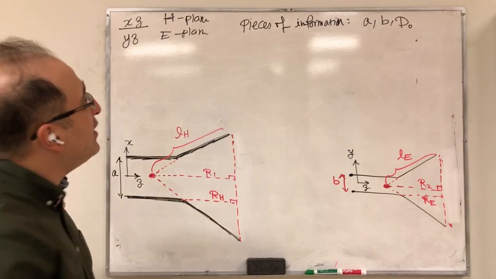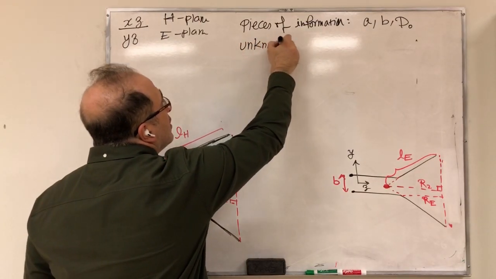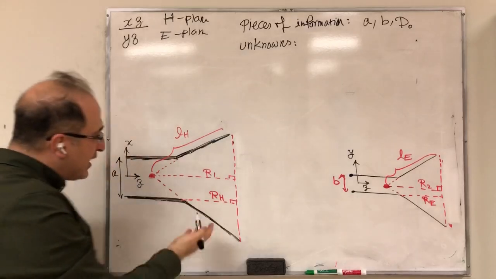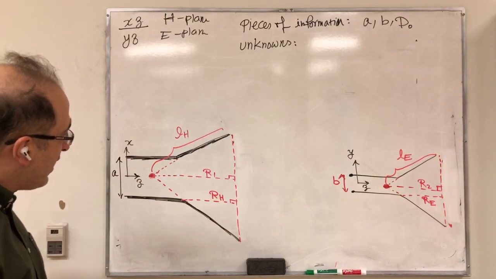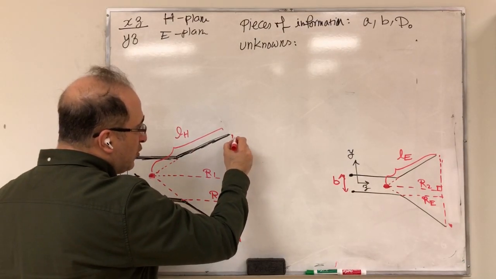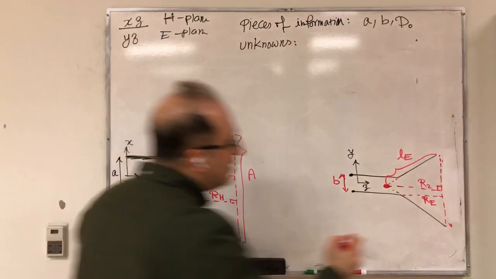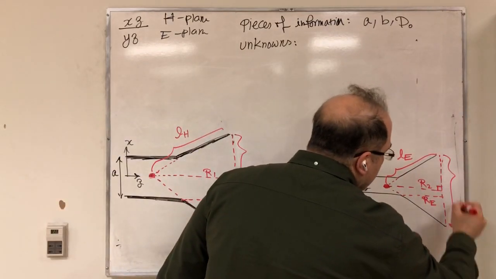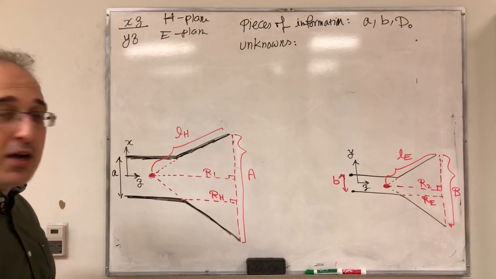Now, what are the unknowns? If you look at here, you can immediately see your unknowns. Perhaps one of the more important ones is capital A and capital B, because this is your aperture size essentially.